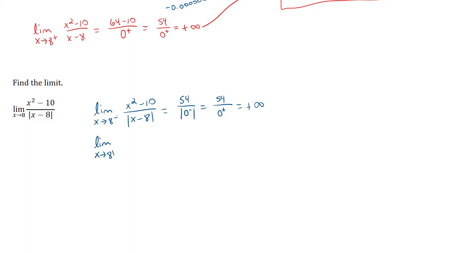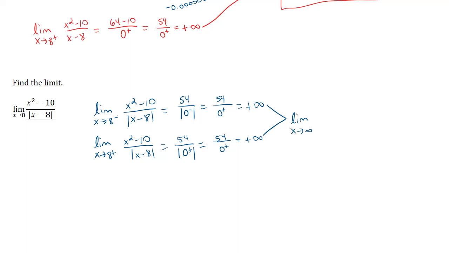Let's look at the right-sided limit. We get 54 over the absolute value of a tiny positive number. Well, since that's already positive, it just stays the same when you take the absolute value, and in this case we get positive infinity. Now the two one-sided limits are both positive infinity.